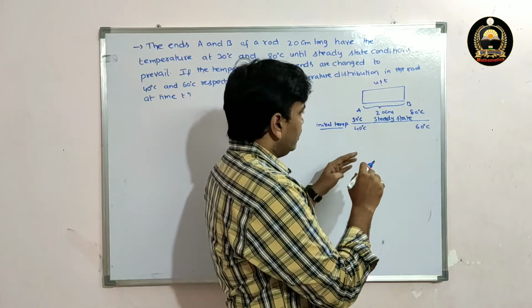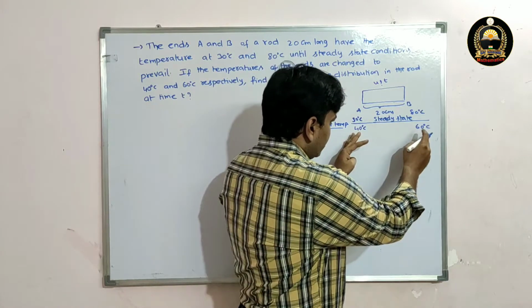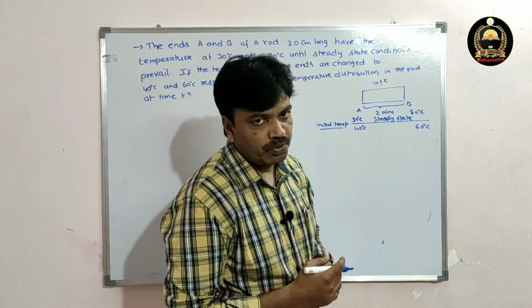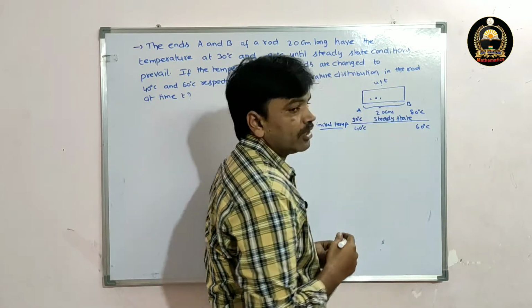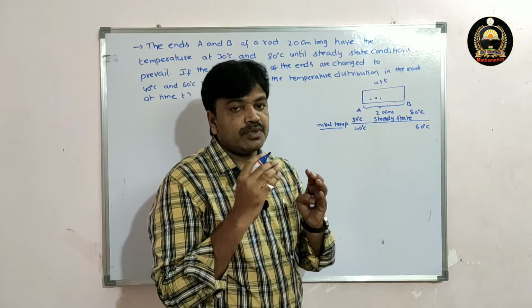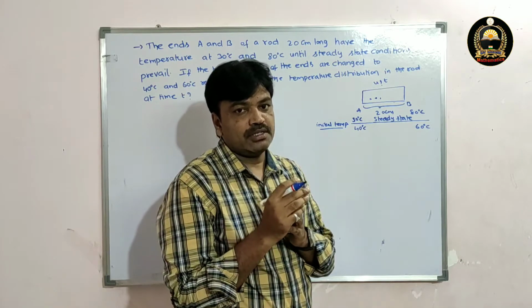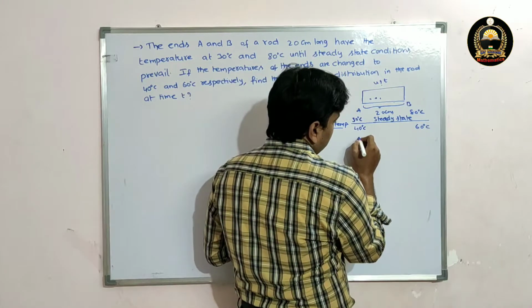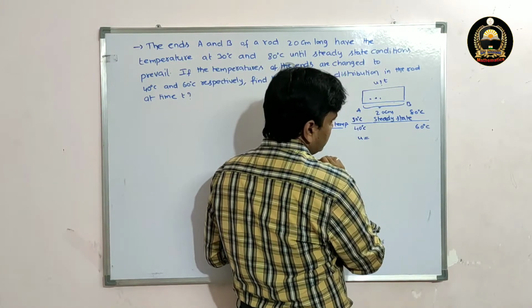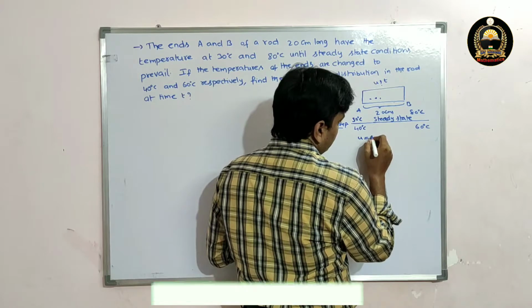Again, if I change the temperature on both ends, what happens in the bar, students? There is some disturbance, students. So how can you find the temperature, students?